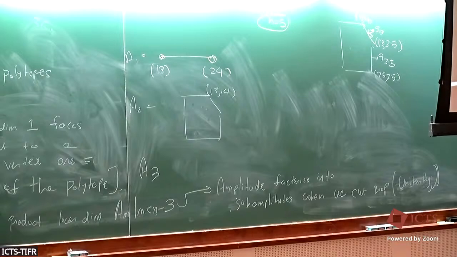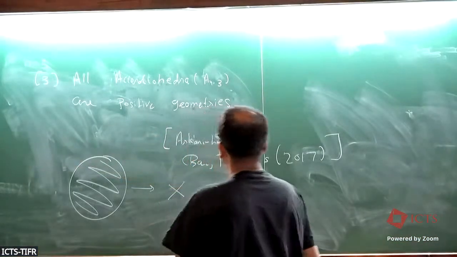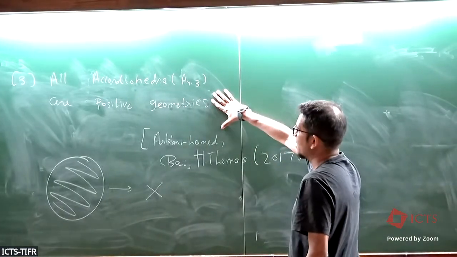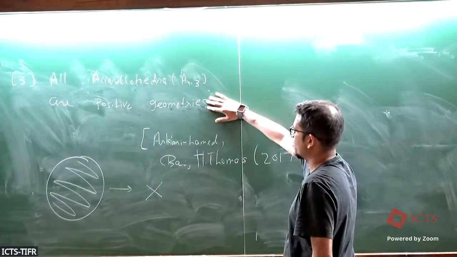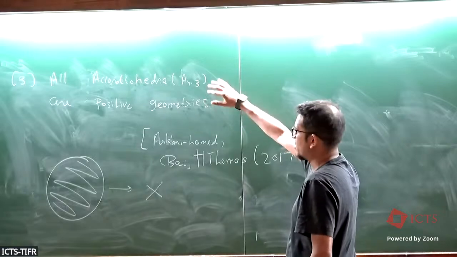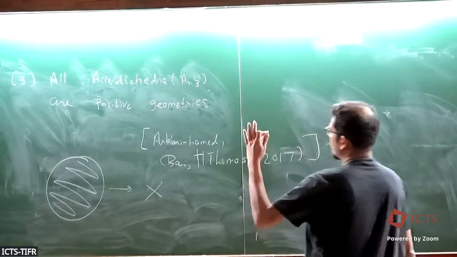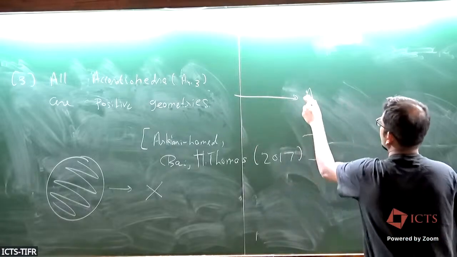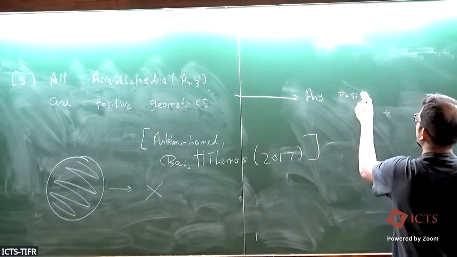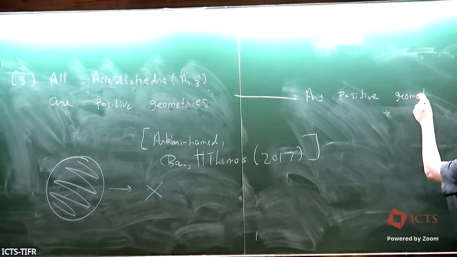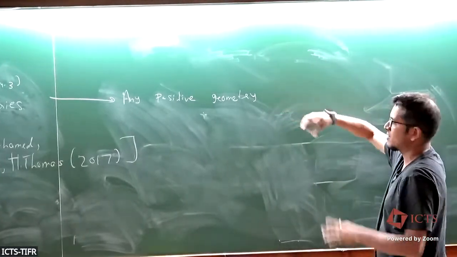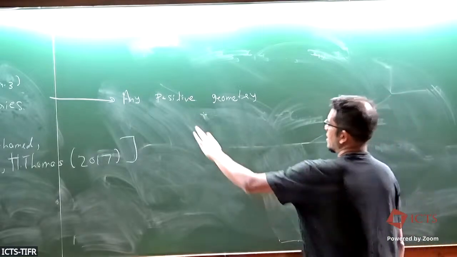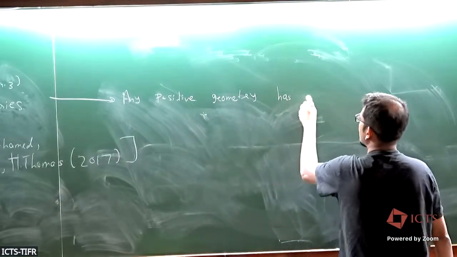Now the reason I stated these properties, the first two, of course, as we discussed, is that they are related to physics. The reason I'm even stating this property is because all positive geometries, no matter how complicated they are, the rigorous definition involves some algebraic geometry input, but whatever they are, they have a beautiful fundamental property: any positive geometry, which is some convex space in some real Rn basically, has a canonical form.